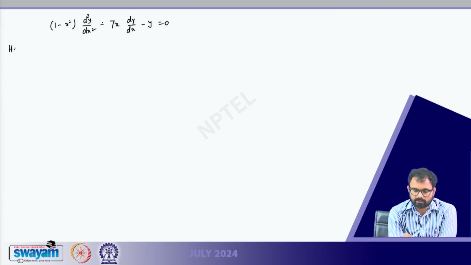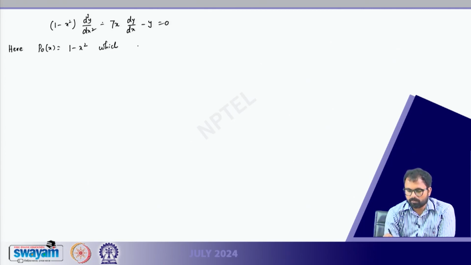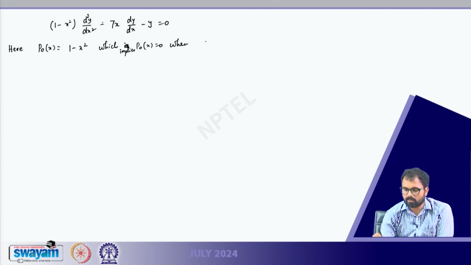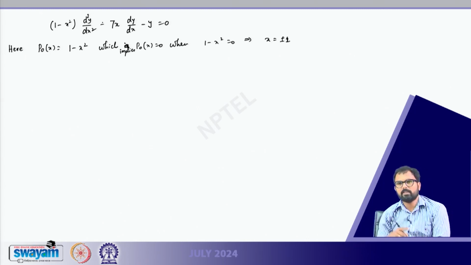Here, as you can see, our p0(x) clearly is 1 minus x square, and p0(x) equals 0 when 1 minus x square is 0, that means x equals plus minus 1. So at x equals 1 as well as minus 1, p0(x) vanishes.